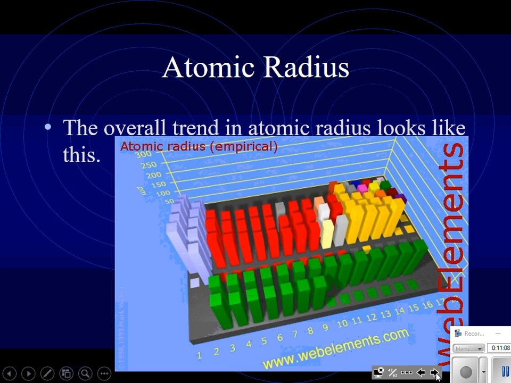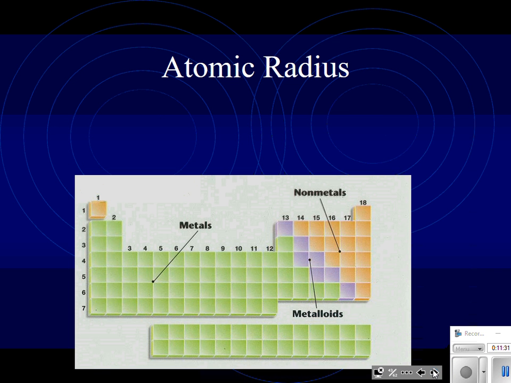Now, this doesn't help you a whole lot. This is something I just got off of WebElements, which is a good place to look up stuff on elements if you ever need to, webelements.com. But the general trend is what I'm more concerned about.